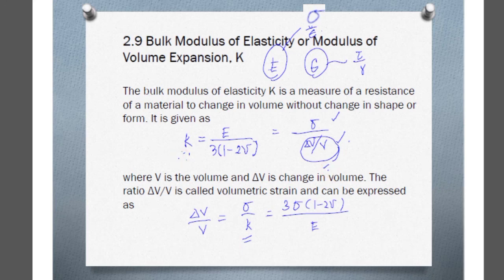So, therefore, we have here the sigma over K. Kung itong dalawa naman yung i-equate natin, so, ang denominator na to ay mapupunta dun sa numerator, and of course, you have here your stress, and this numerator here ay nandito na siya, and itong volumetric strain natin will be on the other side of the equation. So, we have here the formulas for the volumetric strain.